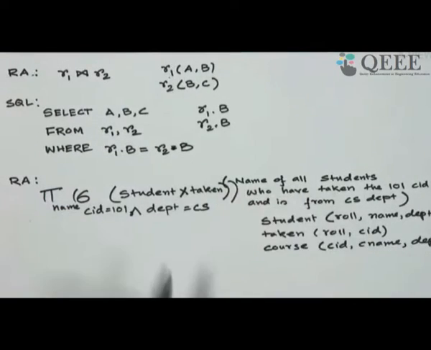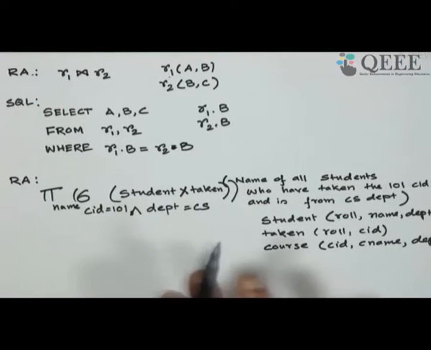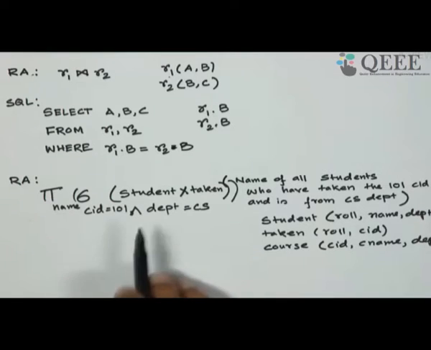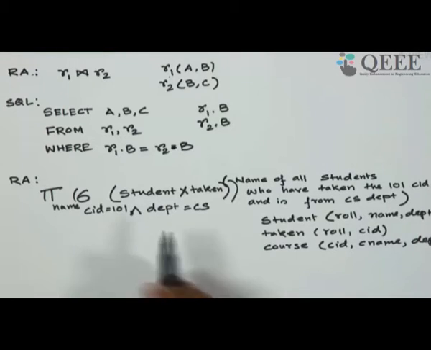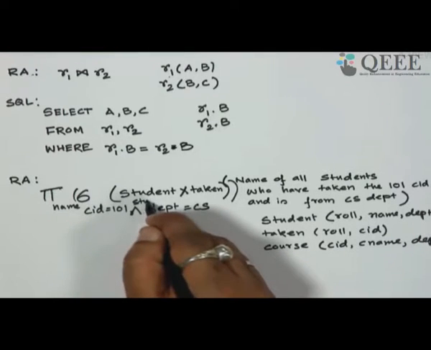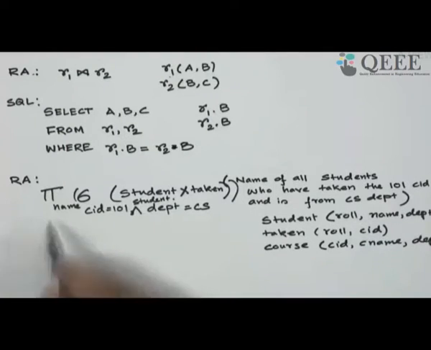Please think on that one. I take student cross taken, basic relational algebra, not using join. All the students versus all the courses taken, and out of that pick up the rows where course ID matches 101, basically the students who have taken the 101 course, and student.department equal to CS. The department of the student matches CS. Pick up only those rows, project it into name.